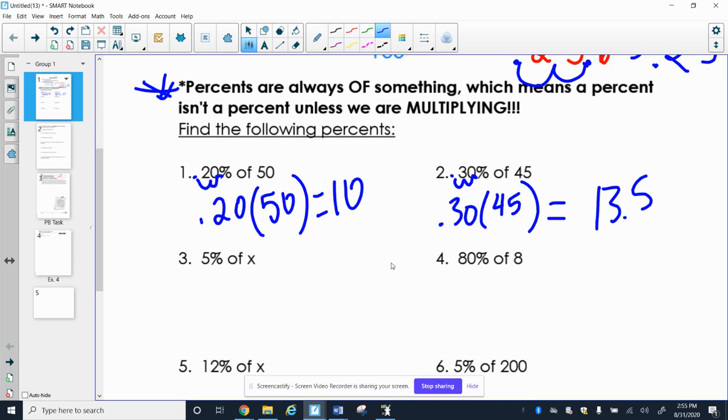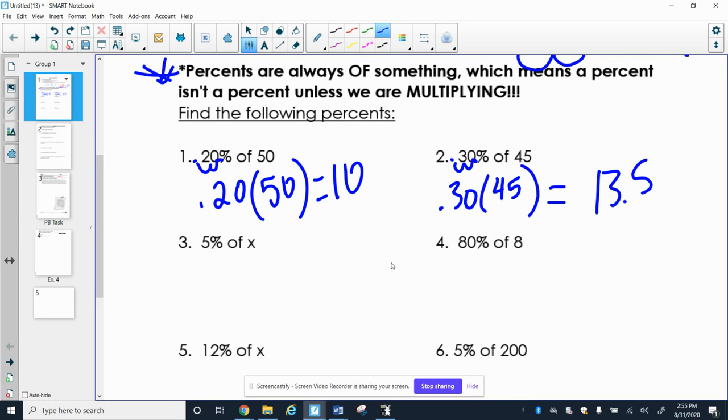Number 3 says 5% of x. Well, x is a variable. This one we're just going to be writing out a small little expression. Let's first change that 5% to a decimal. We move it over 2 places. Notice now we're going to have a 0 in here. 5% written as a decimal would be 0.05 times x.